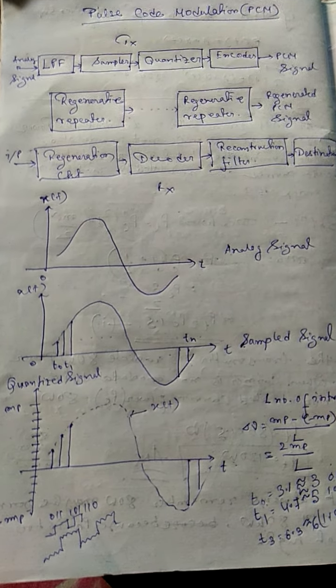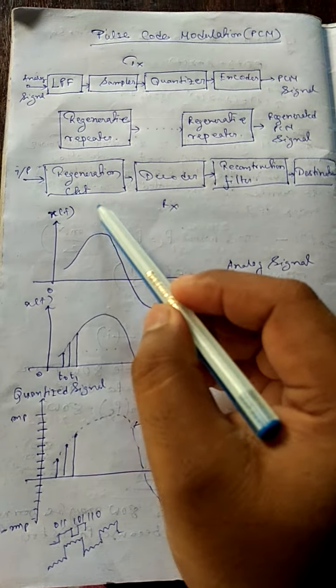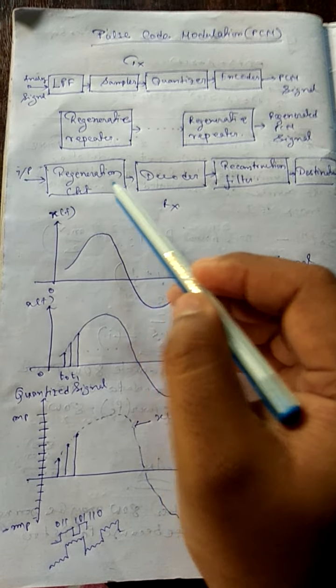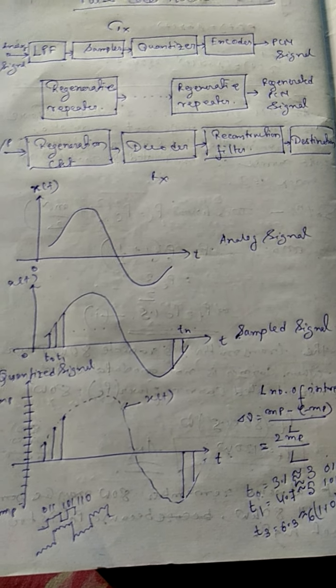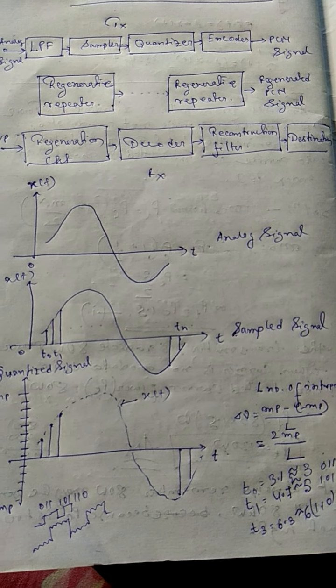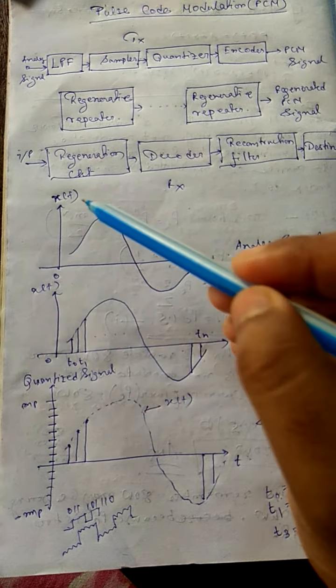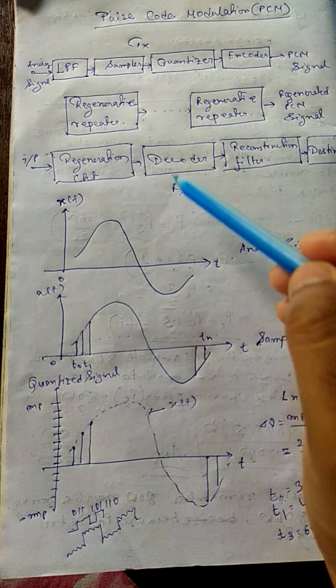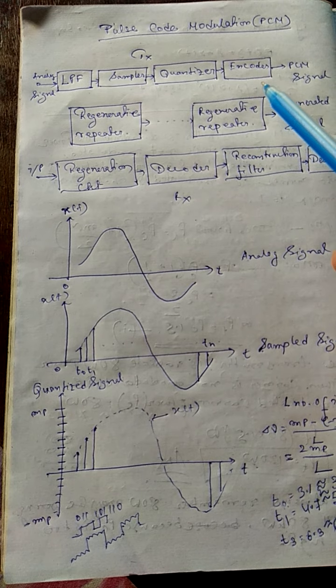After the regenerative repeater, here is the receiver portion. Here we again use the regenerative repeater circuit, because the more regenerative repeaters we use, the smoother the signal becomes. After that we use a decoder circuit. The decoder does the reverse of the encoder.